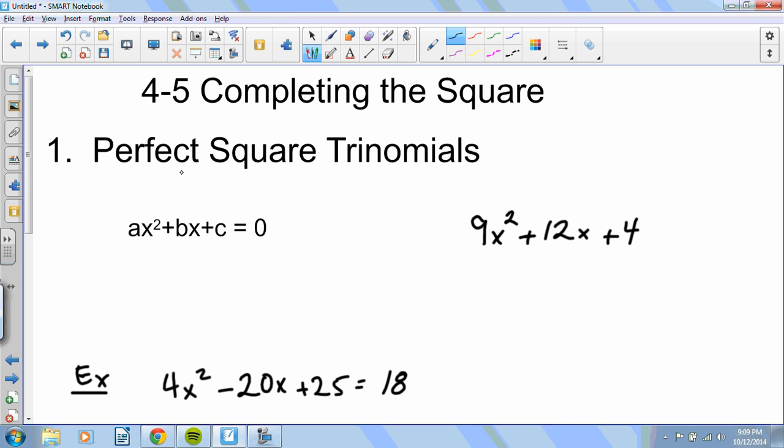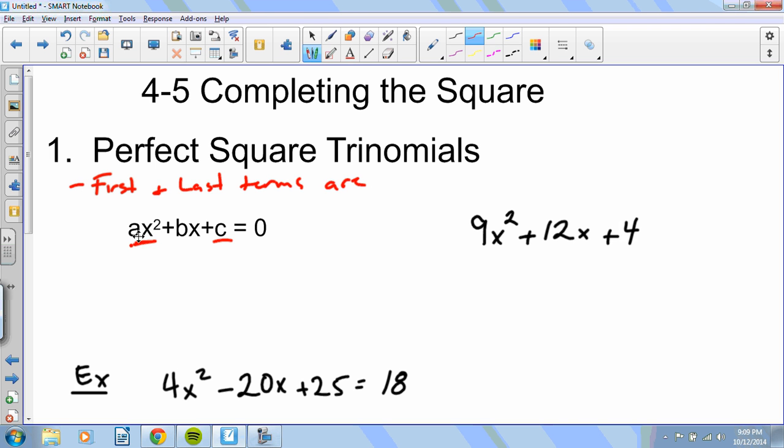A perfect square trinomial follows a couple of rules. Number one, the first and last terms are perfect squares, meaning that if I take the square root of this ax squared term's coefficient and the square root of c, they will both give me integer or whole number results.